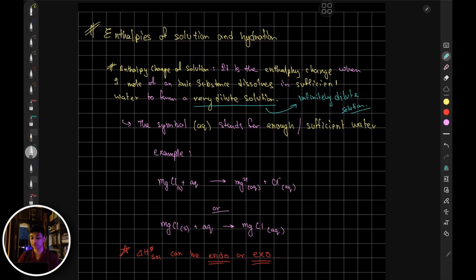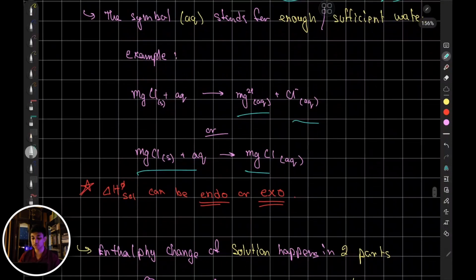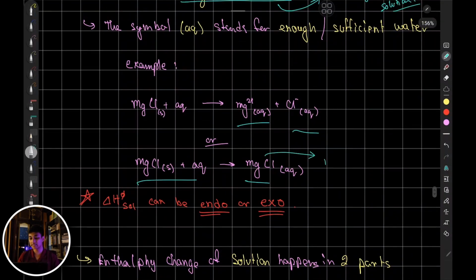You can write it separately like this, or you can write it together as MgCl2(aq), both of which mean the same thing, because MgCl2 aqueous means they're existing as Mg2+ and Cl- (aq).